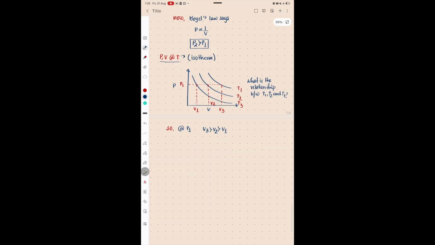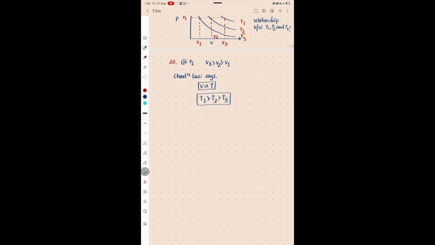Now Charles' law says volume is proportional to temperature, right? So what it means is that V3's corresponding temperature is T1. T1 is greater than T2 is greater than T3, right? So this is the relation.